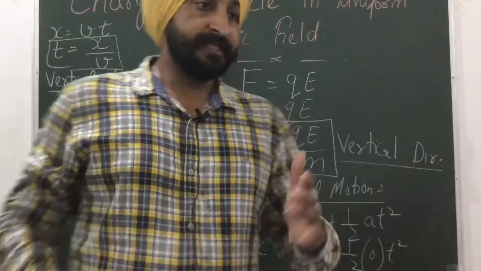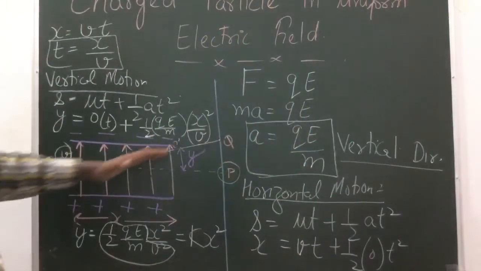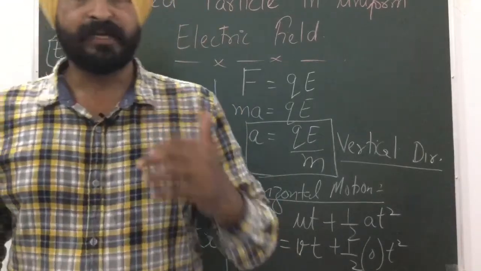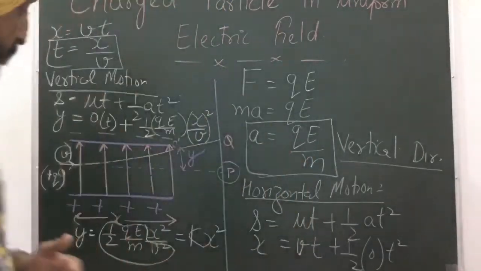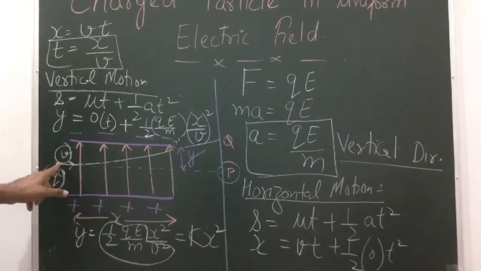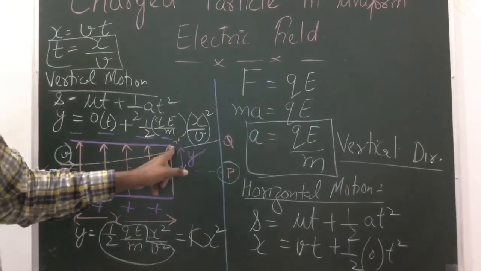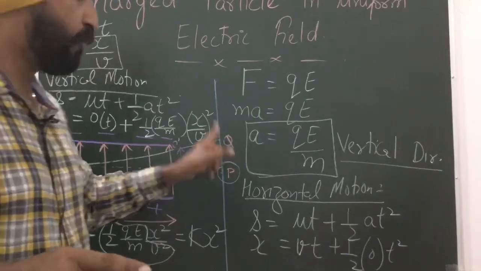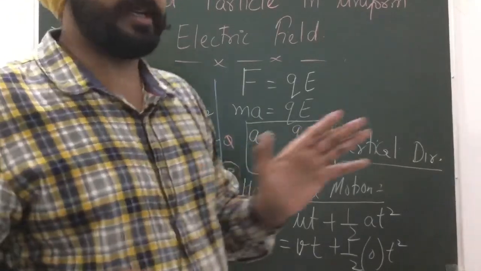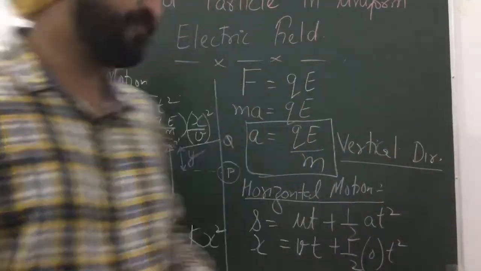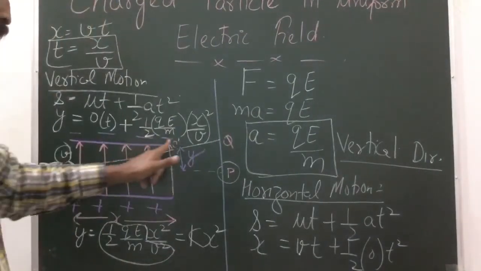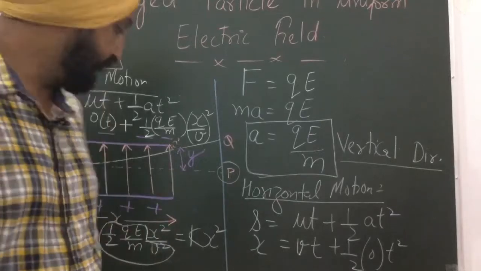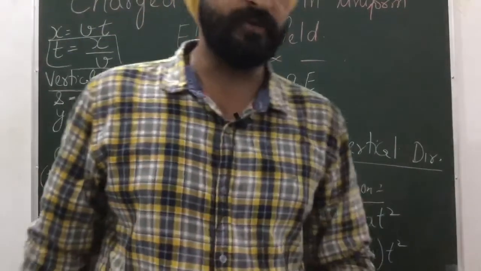This means that the charged particle moving in the electric field follows a parabolic path, and that parabolic path is followed from point O till point O dash. Remember this, after O dash till point Q, the path is a straight line. So the parabolic path is followed from point O to O dash. That is evident from this equation, y is equal to kx square, the equation of a parabola.